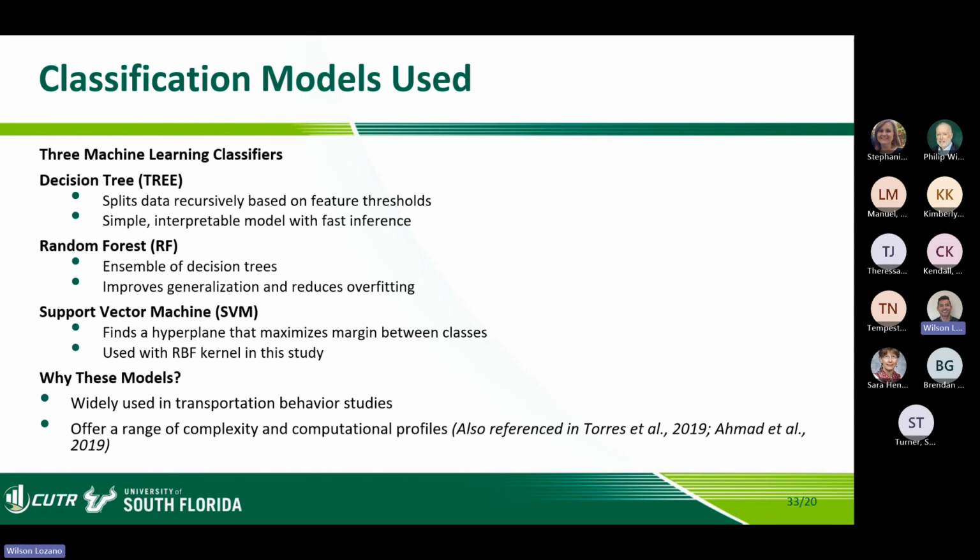We used three machine learning models: decision tree, random forest, and support vector machine. Besides being widely used, they have specific purposes. Random forest, for example, is very robust and can be very useful for improved generalization and reduced overfitting. Support vector machine can be very useful when the sample size is relatively small.